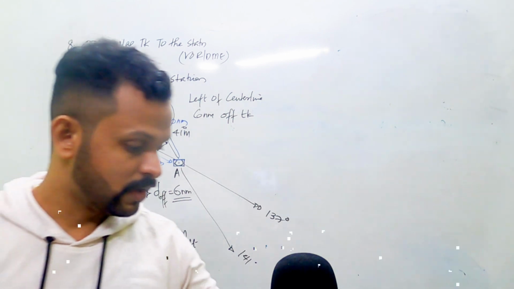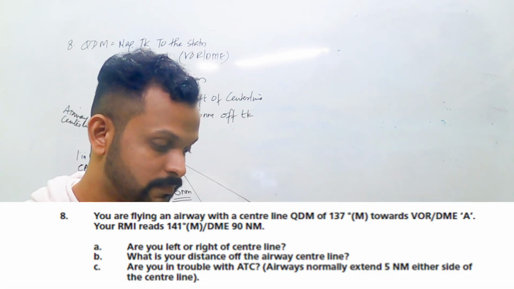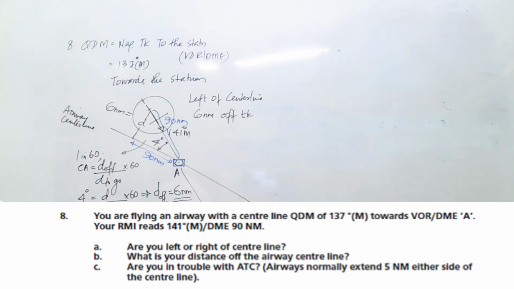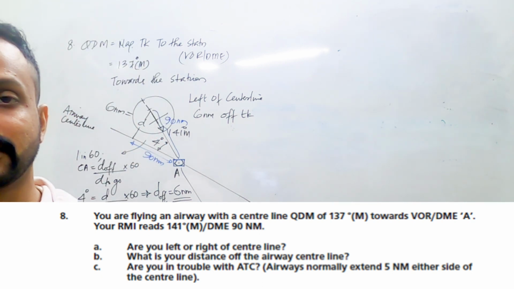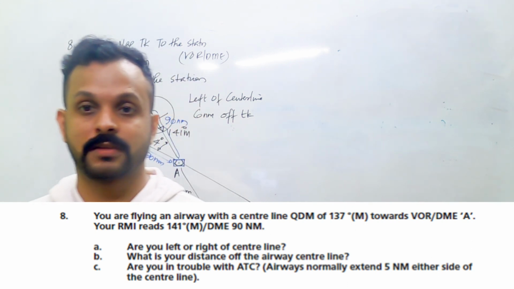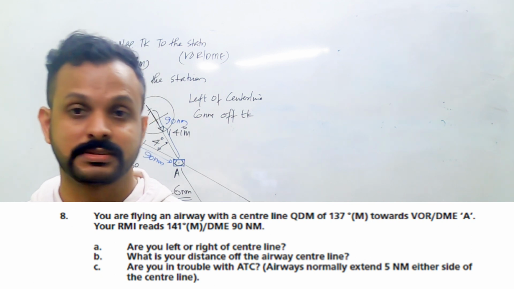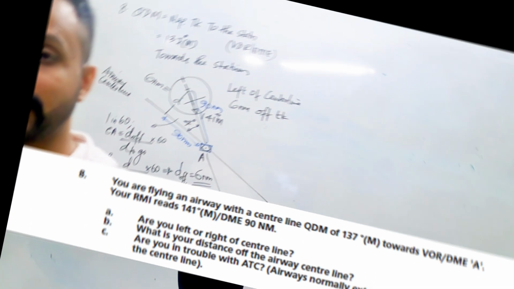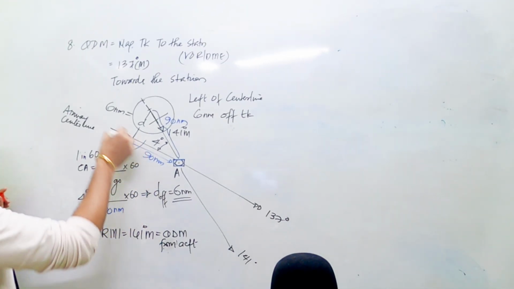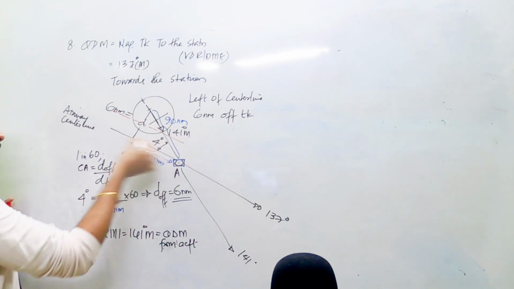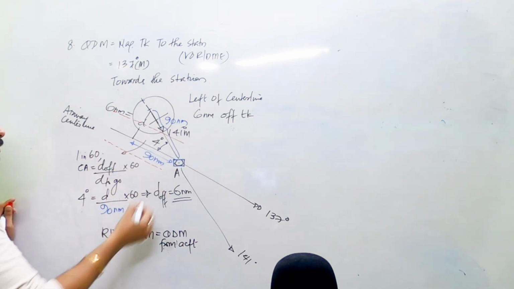And the last question, are you in trouble with ATC? And in brackets, they have given a point which we discussed last class. As far as being within an airway is concerned, an airway normally extends 5 nautical miles either side of center line. So if I look at this particular airway here, this airway is going to extend 5 nautical miles on either side of center line.